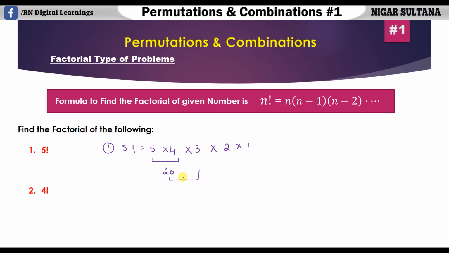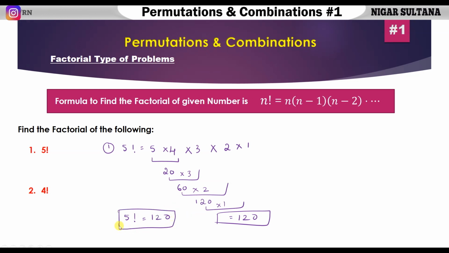Next, into 3 is 60. Next, into 2 is 120. Into 1 is 120. The factorial of 5 is 120. So this is the way of calculating the factorial.